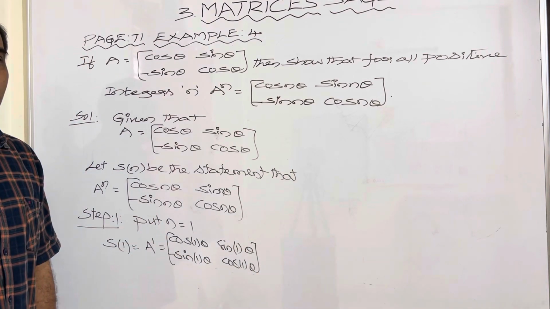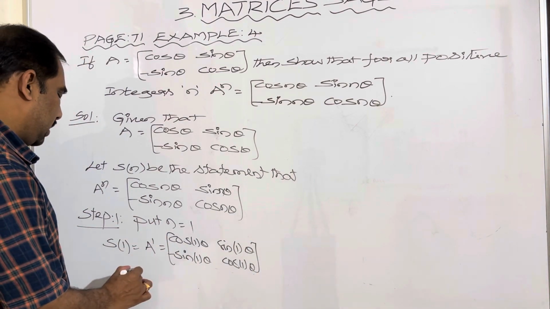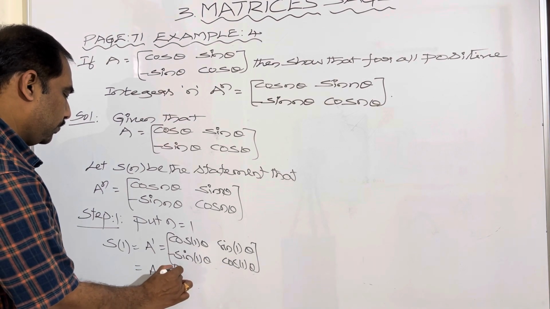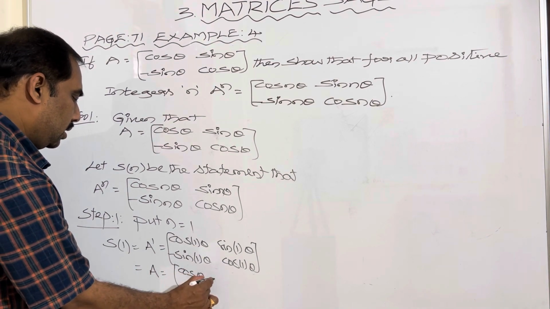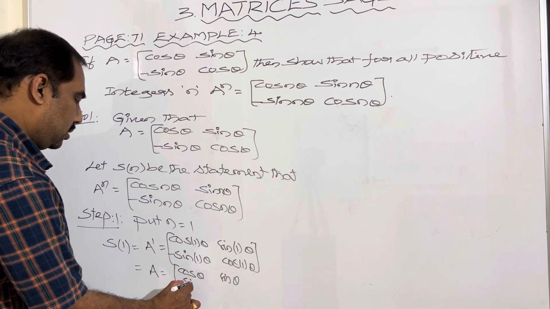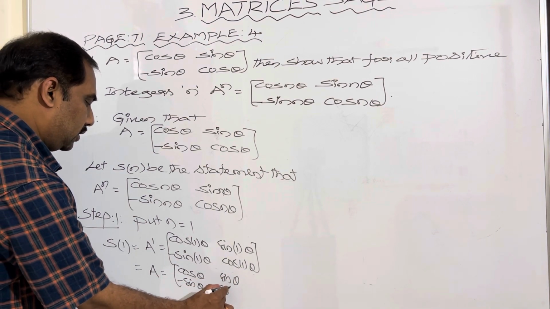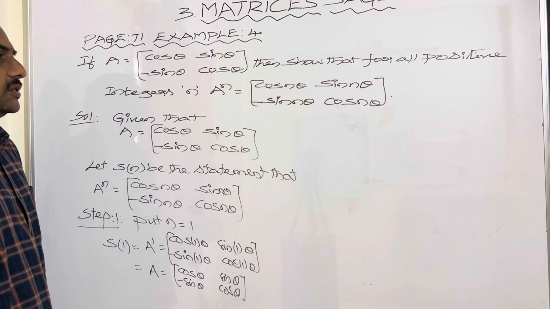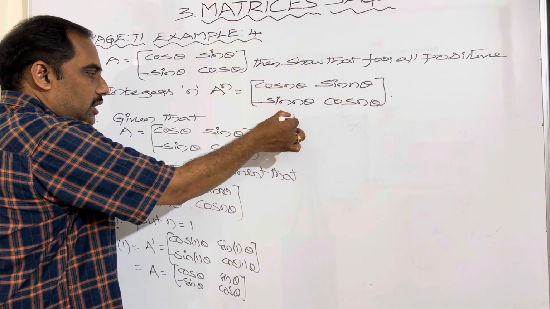So now what happens here? If you observe, we get the same matrix. A is equal to cos theta, sin theta, minus sin theta, cos theta. We get the same matrix A here.